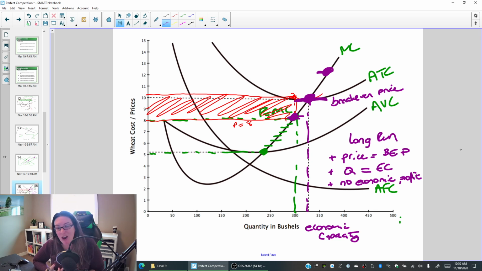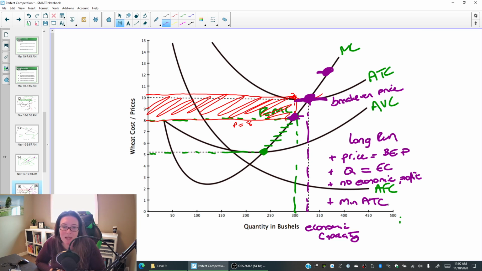From an economic perspective, we like perfectly competitive markets. Society likes perfectly competitive markets. Now, businesses don't want to be them, but society likes them. And the reason that we like perfectly competitive markets is because where are we on the average total cost curve? We're here, where it intersects marginal cost.